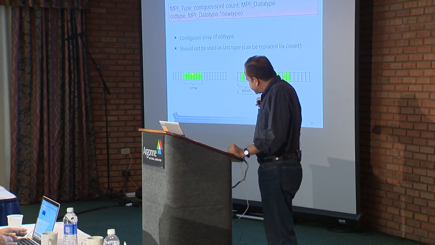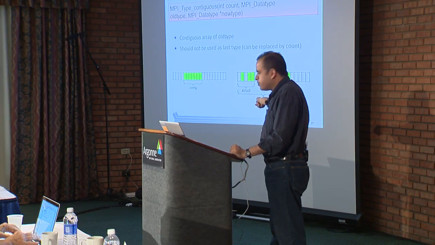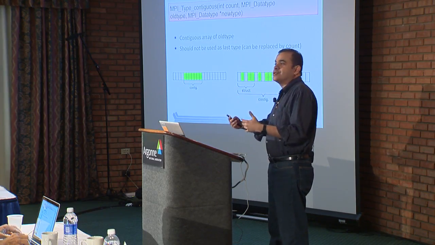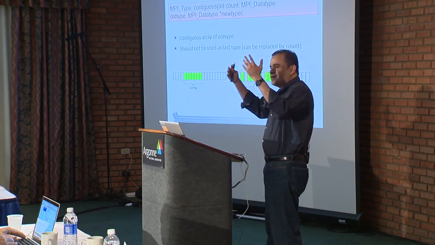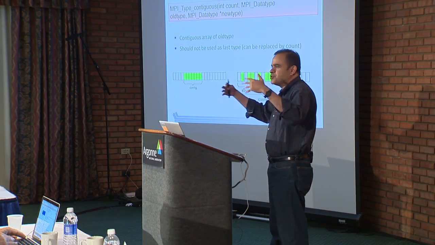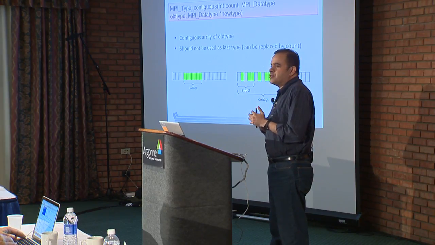If you just want to send this data, you don't need to create a contiguous data type and then send it, because when you do a buff, count, data type, you can simply send the count equal to this number, and that by definition is defined to send a contiguous amount of data starting from the first to the end. So if contiguous is the last type in your data type construction operation, you don't need to do it, because the count parameter in the MPI functions does that for you.